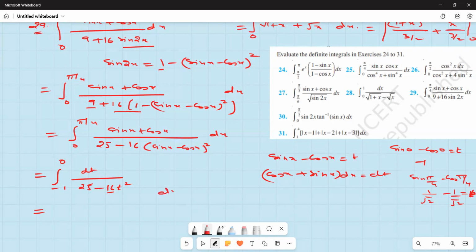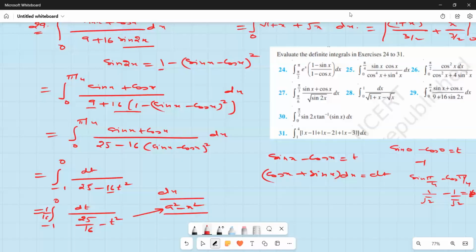Integral of dx upon a square minus x square. So use that formula. So this is minus 1 to 0, I am taking 16 common, dt upon 25 by 16 minus t square. Use this formula to solve this. Clear? So use this formula to integrate this and find out the answer.